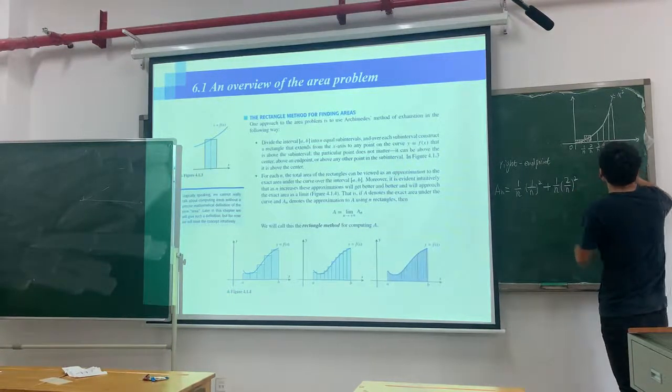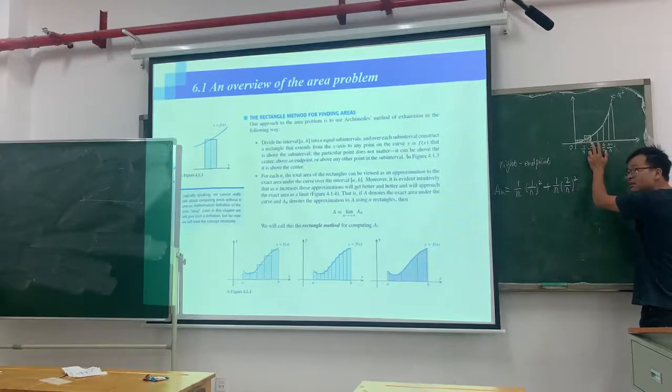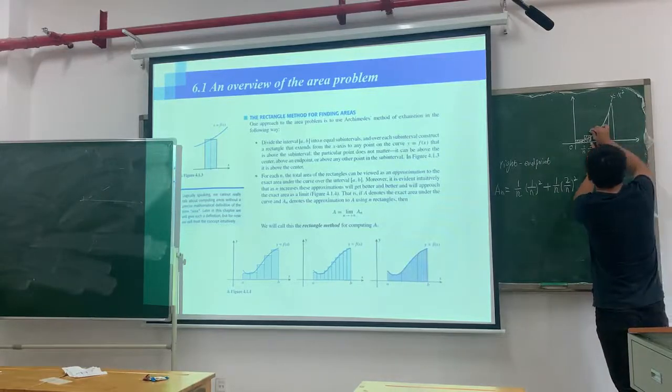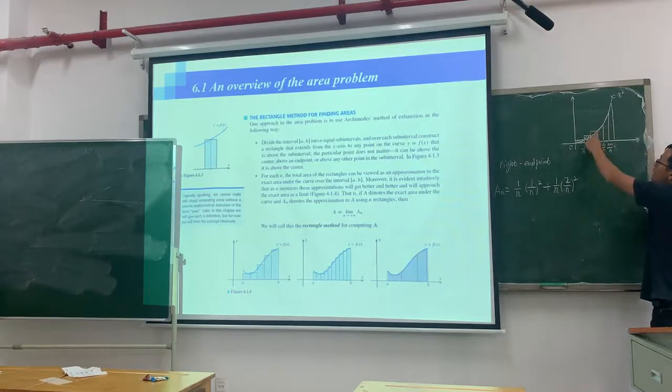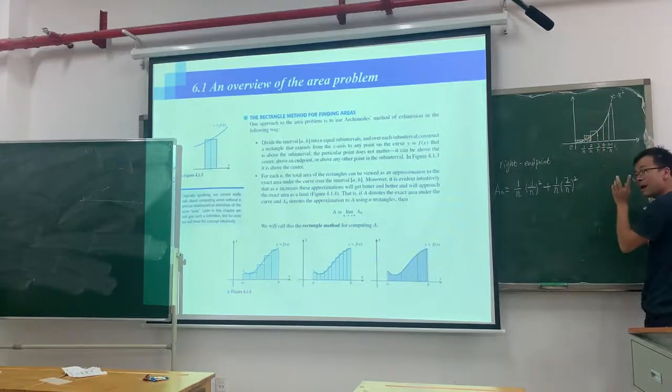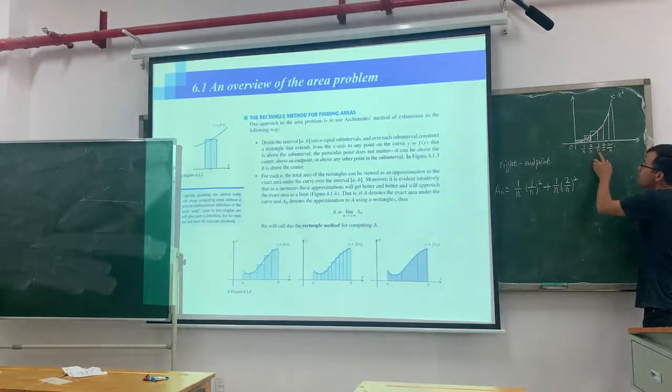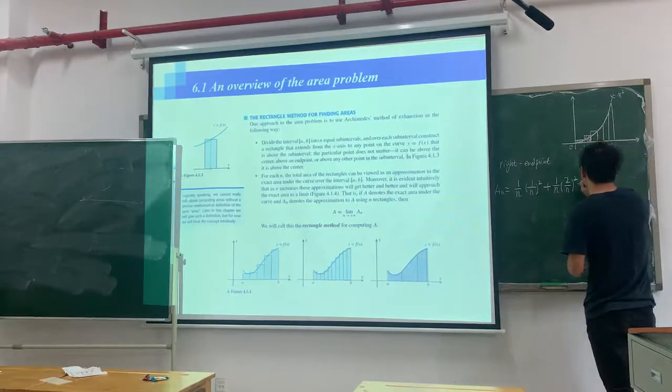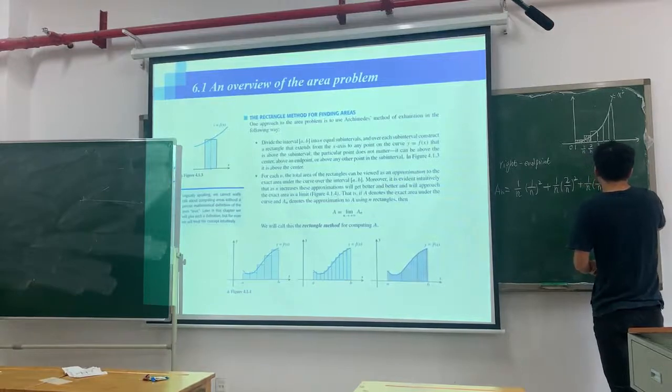So the third rectangle here is also the length is 1 by n, and the width actually is this part. So the width actually is the function value at 3 by n. So here is plus 1 by n times 3 by n squared, okay?